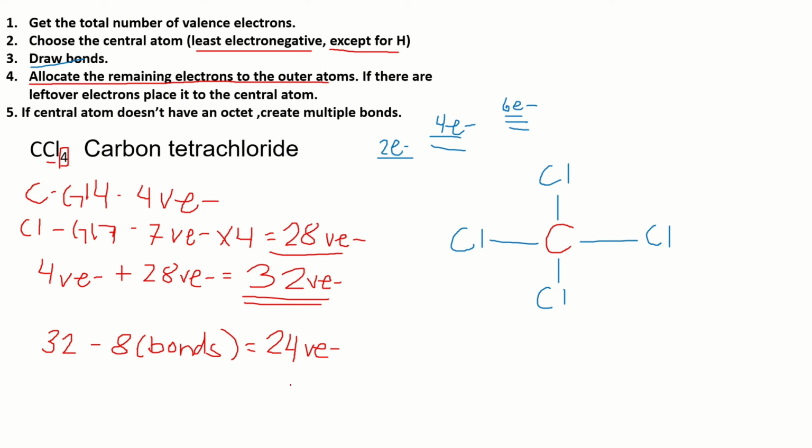Step 4, we have to allocate the remaining electrons to the outer atoms. We will distribute the 24 electrons. And take note that atoms become stable with 8 valence electrons, based on the octet rule.